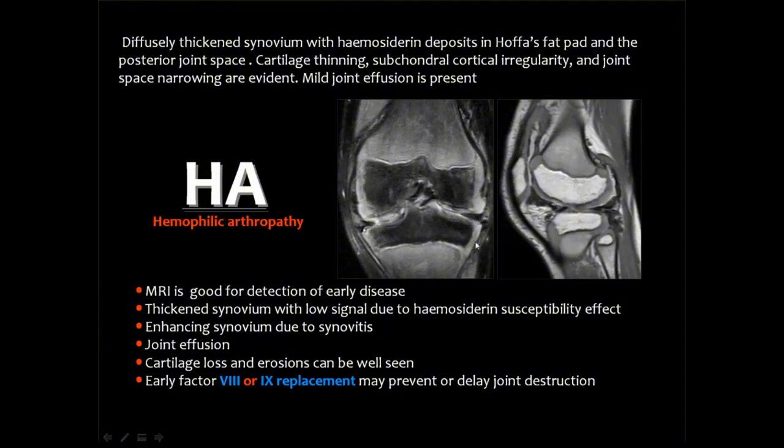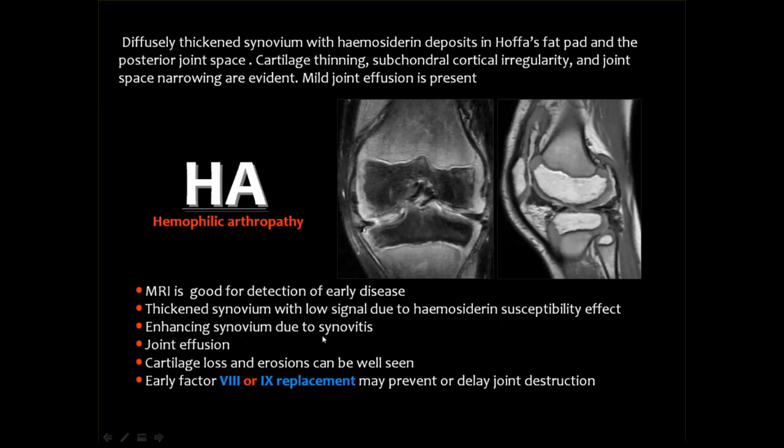If you look at a joint affected by hemophilia, you can see diffuse synovial thickening and deposition of hemosiderin along the synovial reflections, which will appear of low signal in all pulse sequences. The synovium will show low signal due to hemosiderin.